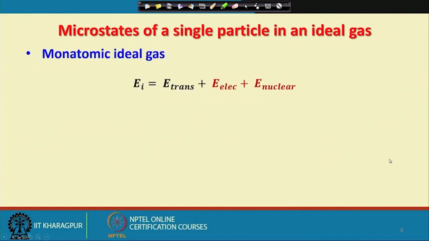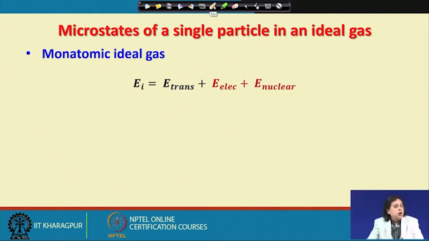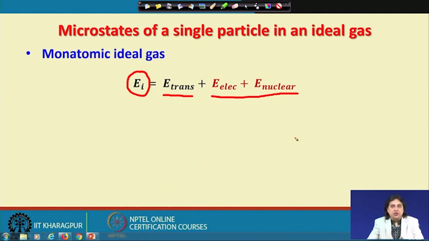So, if I remind you of the microstates of a single particle in an ideal gas, when we talk about the monatomic ideal gases, what we find is the total energy of every single atom can be separated into a term which corresponds to the translation of the atom in the three-dimensional box in which it is confined, and another contribution as a sum of two terms which come from the underlying microscopic structure of the atom.